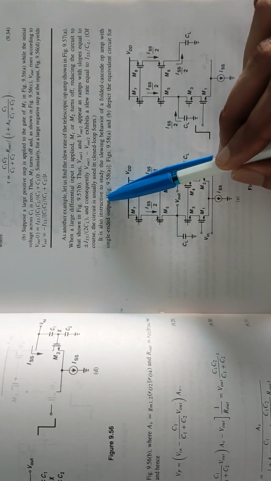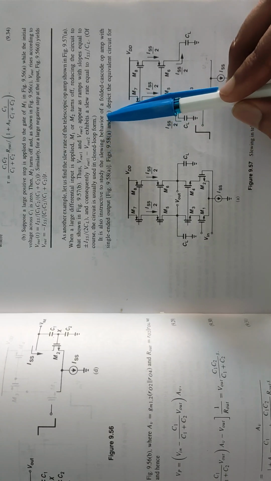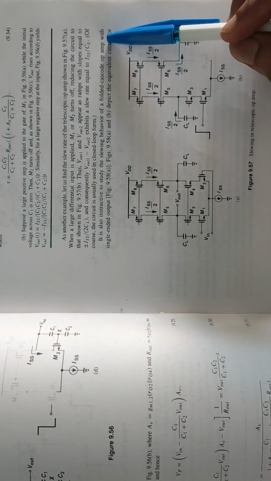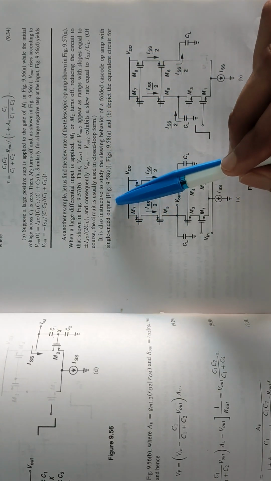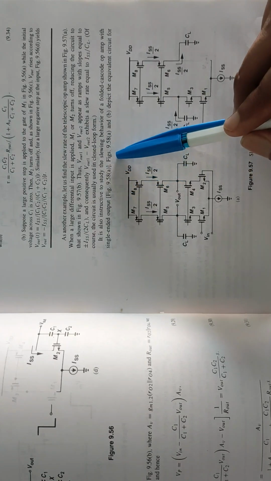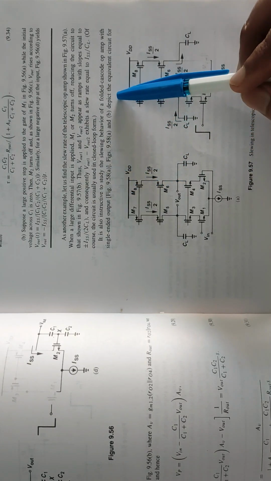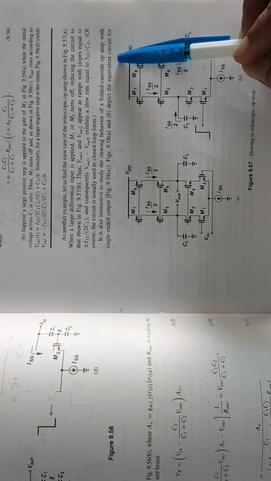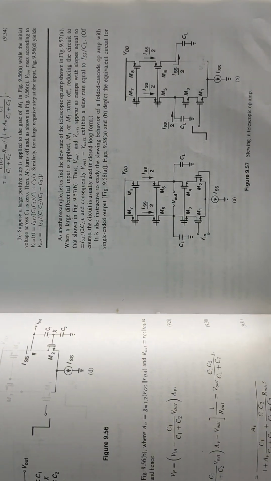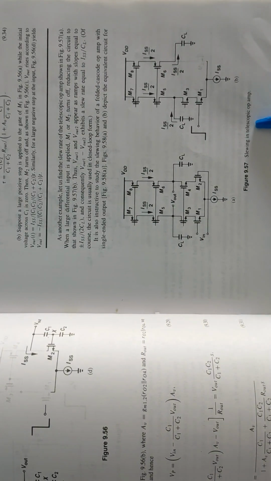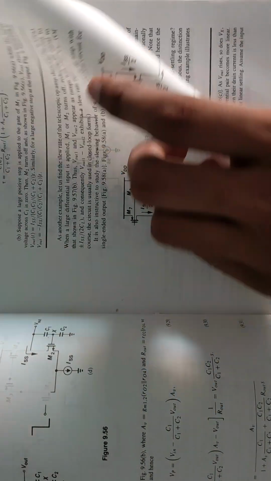It is also instructive to study the skewing behavior of a folded cascode op-amp with single-ended output. Figures A and B depict the equivalent circuit for positive and negative input steps respectively. Here you can see in this figure skewing in telescopic op-amp.